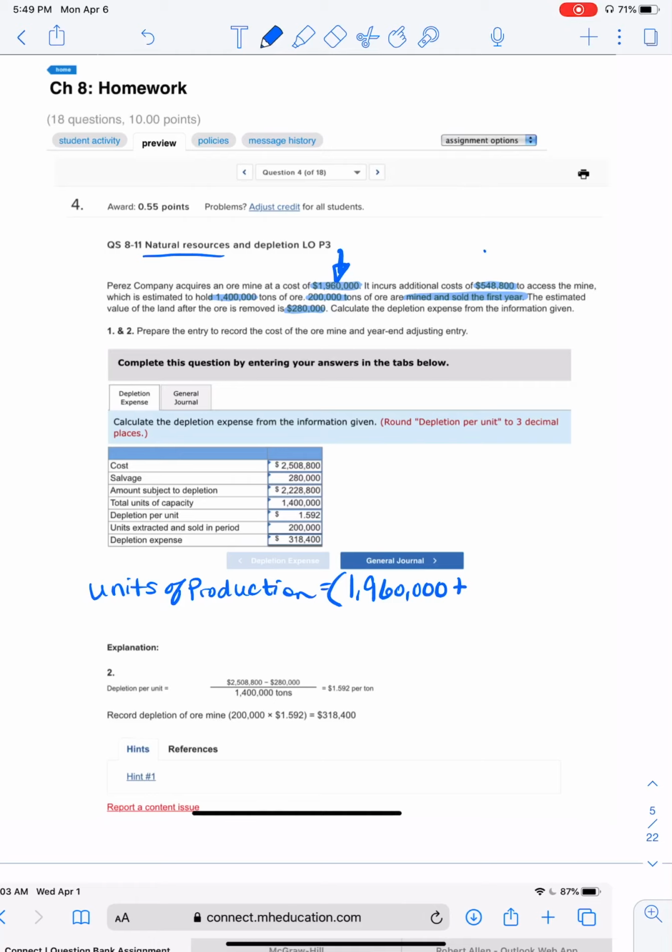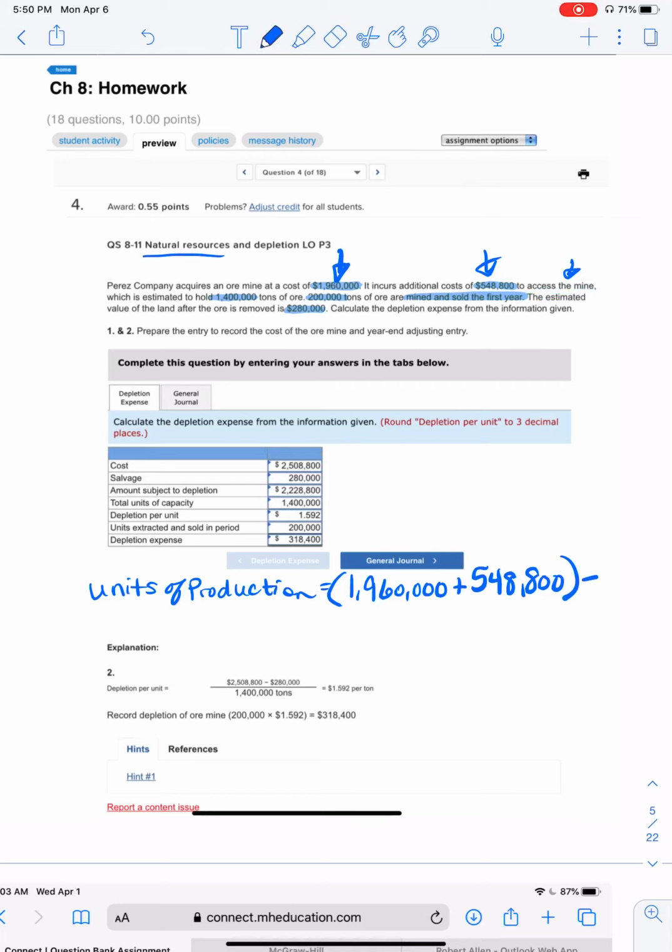Then I'm going to add my additional costs of $548,800 because that is the cost to access the mine. If I'm to use this mine, I have to be able to access it, which means that this falls under that third piece that we talked about earlier when we talked about what costs get included. And we said any and all costs necessary to make the item ready and capable for its intended use. In this case, that is those access fees of $548,800.